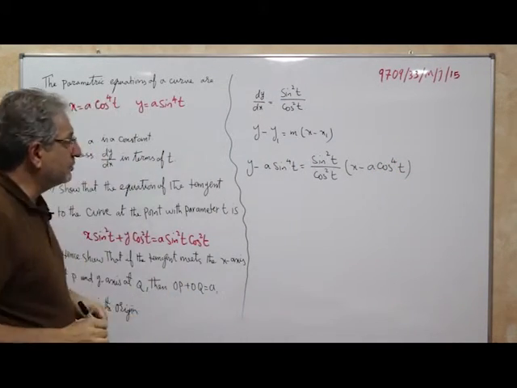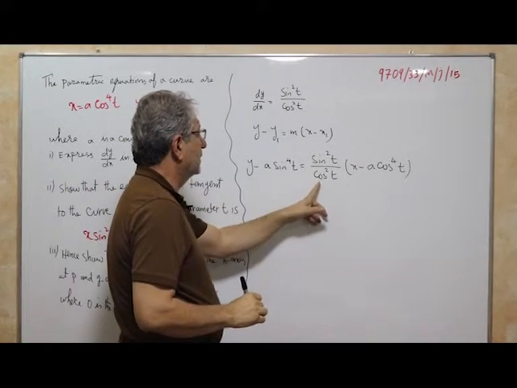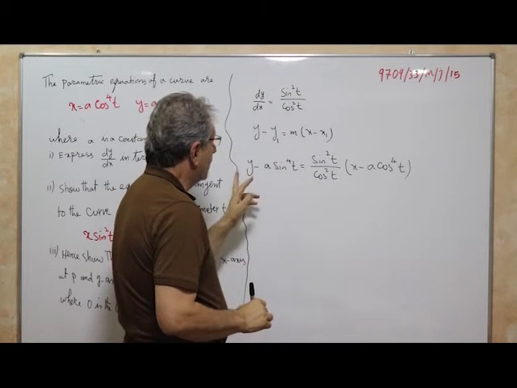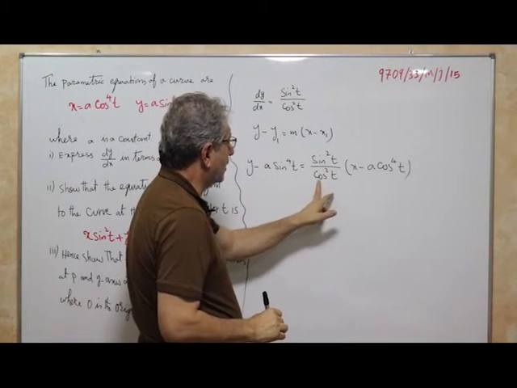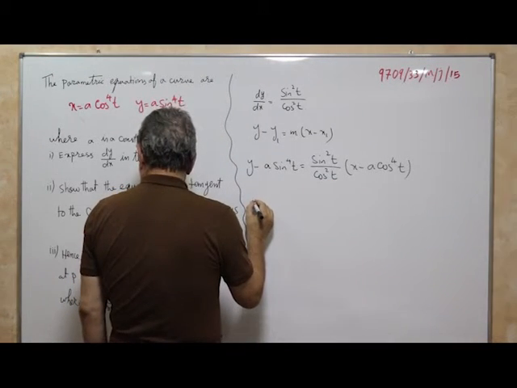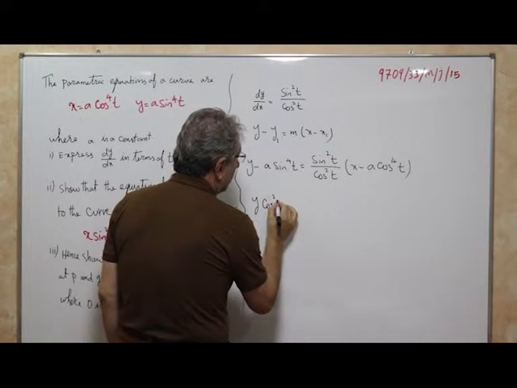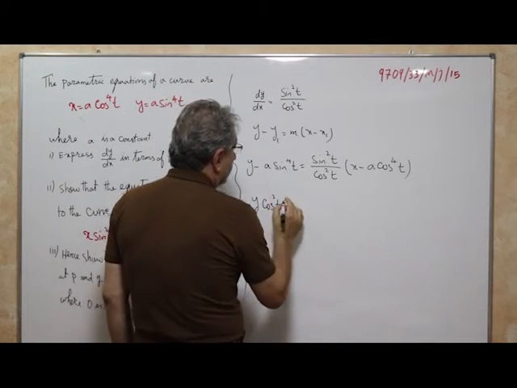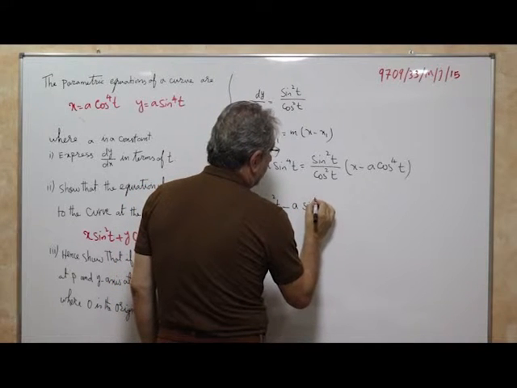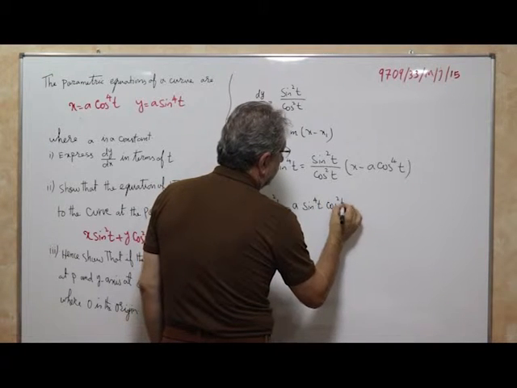Now I need to simplify this, so I will multiply both sides of this equation by cos squared t. So I'm going to get y cos squared t minus a sine to the power of 4t cos squared t.